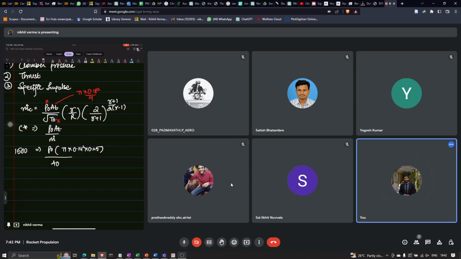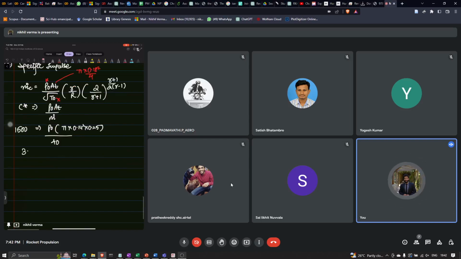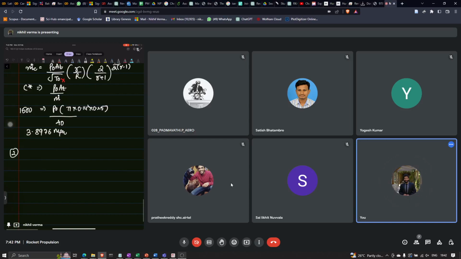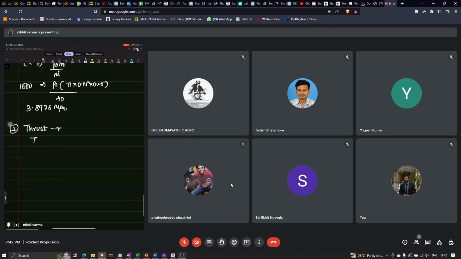If you calculate this, you will get 3.8976 megapascals. Okay. So let us calculate what is the thrust. Thrust is equal to m dot into C star into C_F, right?